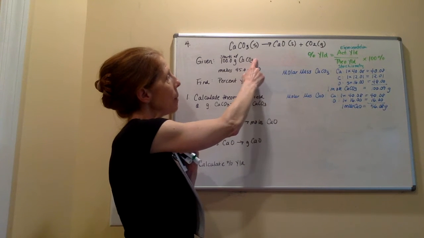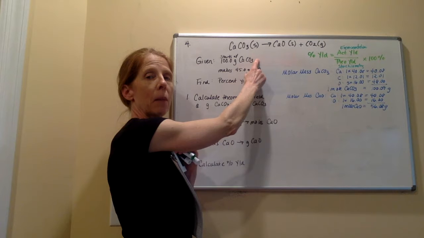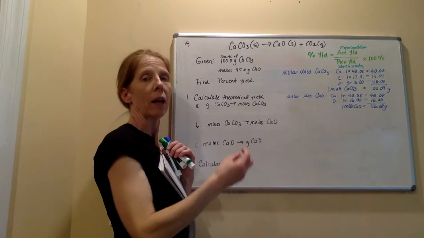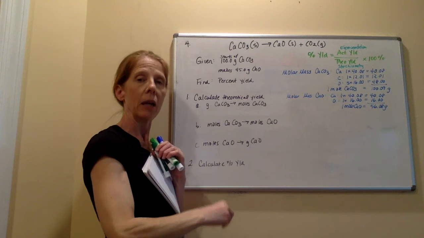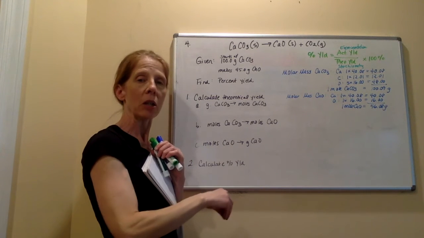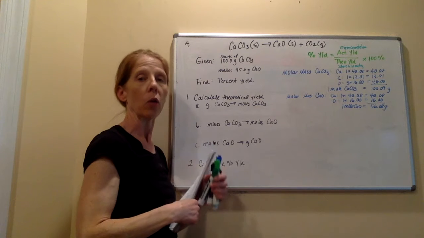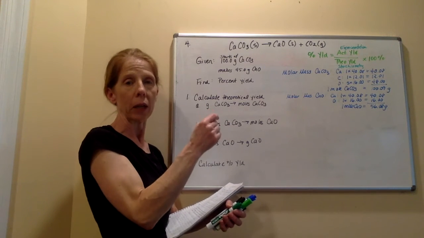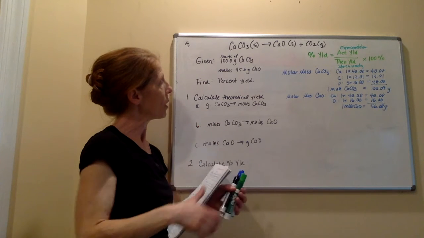So if I take this and get it into moles, then I can relate it to moles of another substance, which I can then relate back to grams. And that number, once I relate it back to grams, is what we call our theoretical yield. That's what we should get if we do the experiment perfectly. Does that make sense? Let's jump in and do that.